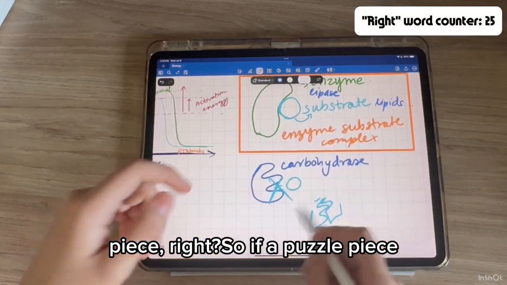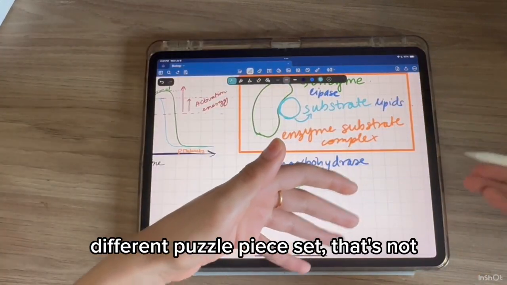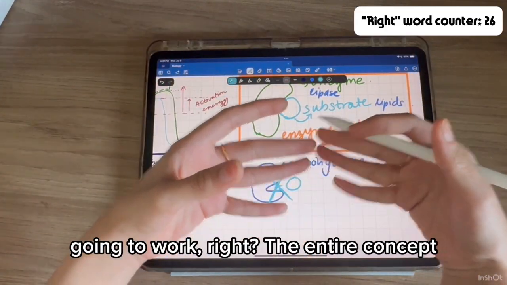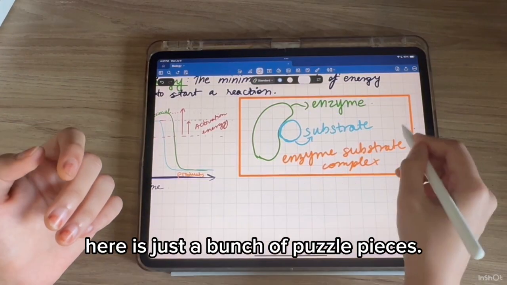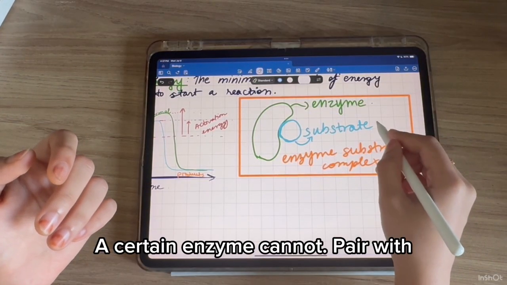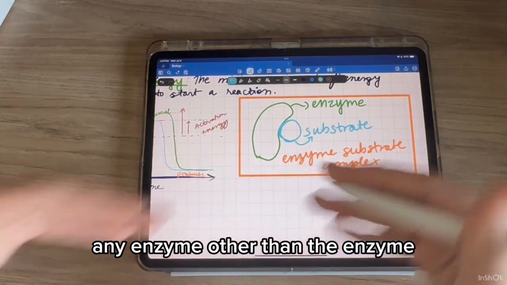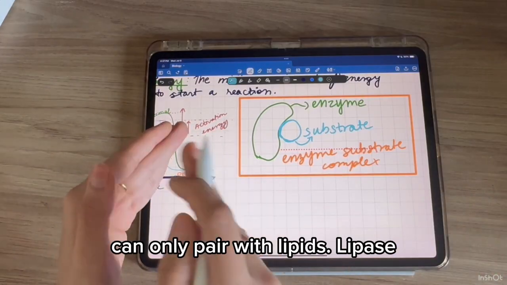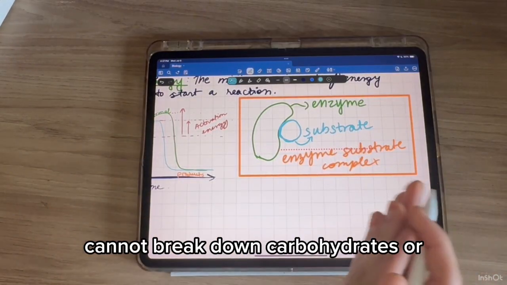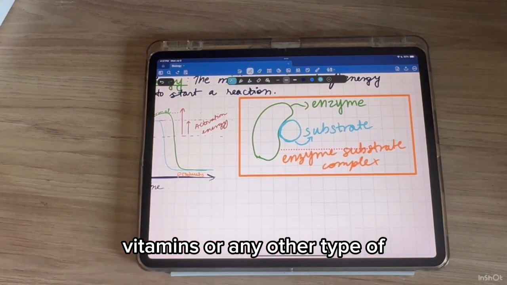So if a puzzle piece is connected with a piece from a different puzzle set, that's not going to work, right? The entire concept here is just a bunch of puzzle pieces. A certain enzyme cannot pair with any substrate other than the one that it's made for. So lipase can only pair with lipids. Lipase cannot break down carbohydrates or vitamins or any other type of compound or substrate.